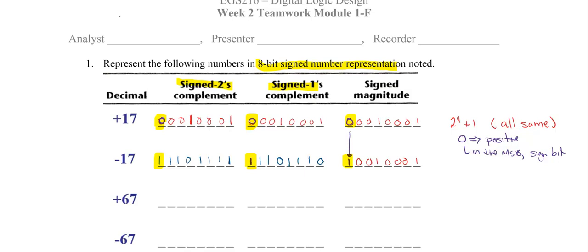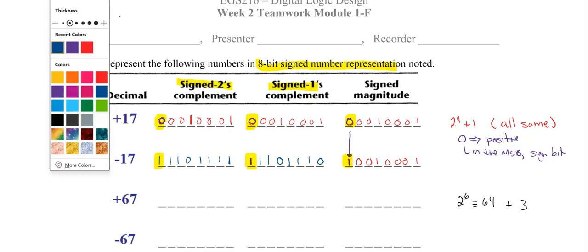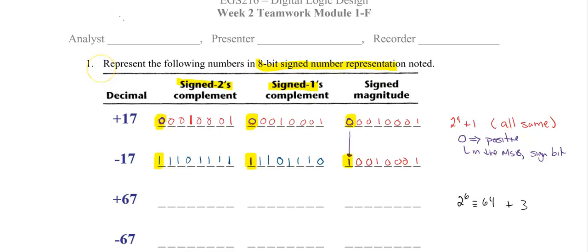Now 67, how are we going to represent 67? So our 67, that's 2 to the 6th, that's 64. So we need that plus 3, right? You can get to it how you want, but all of them are going to be the same. That's going to be our 3, and then 2 to the 6, 0, 1, 2, 3, 4, 5, 6, that's a 1.